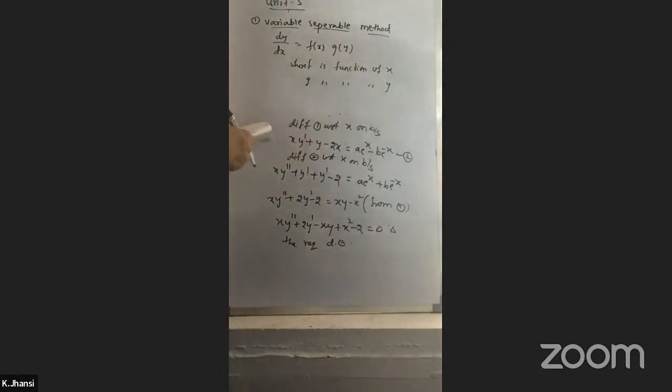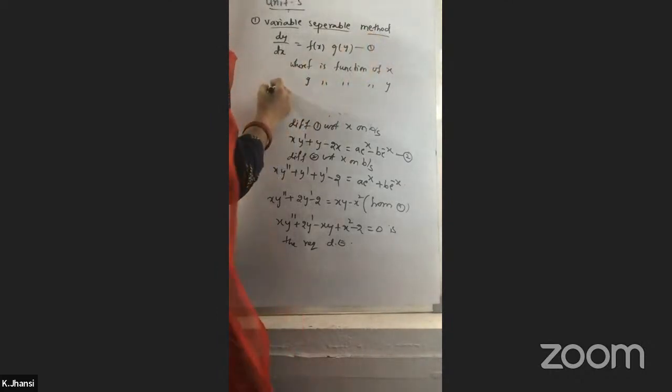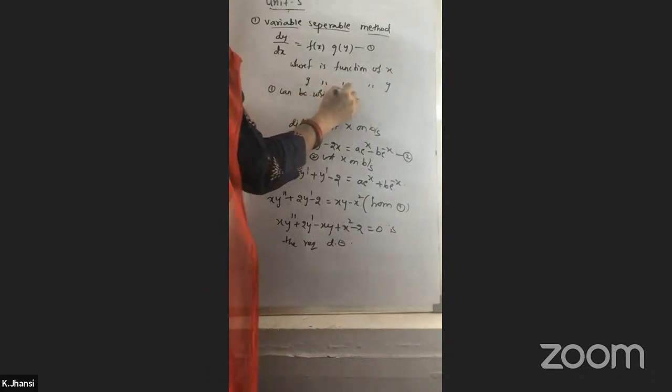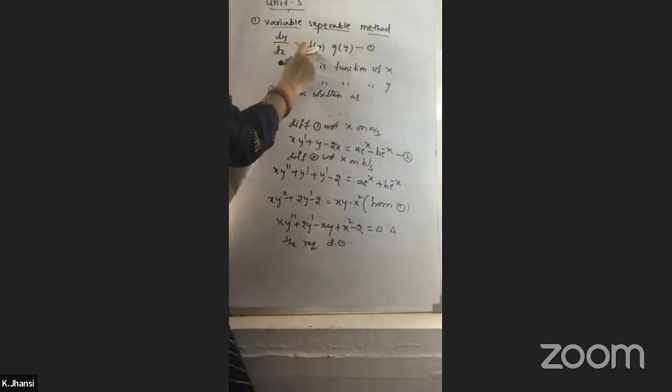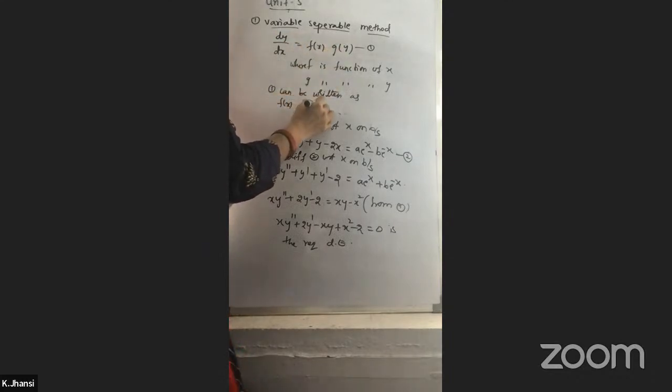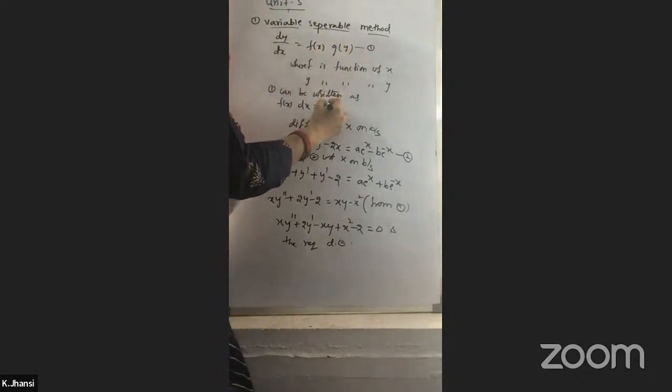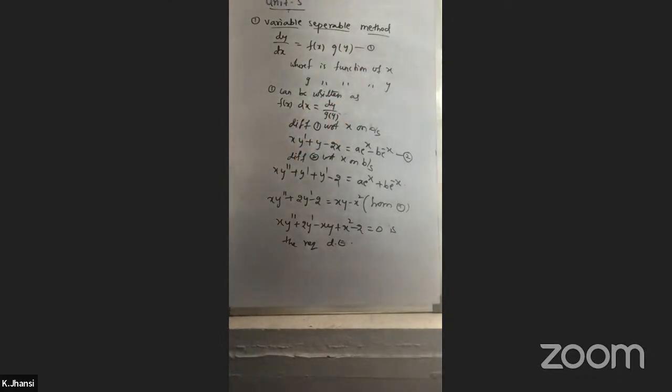So equation 1 can be written as, separating the variables, f of x into dx is equal to dy into g of y, so we can write this as dy by g of y. If you cross multiply, you will get the same one: g of y into f of x and dy by dx.